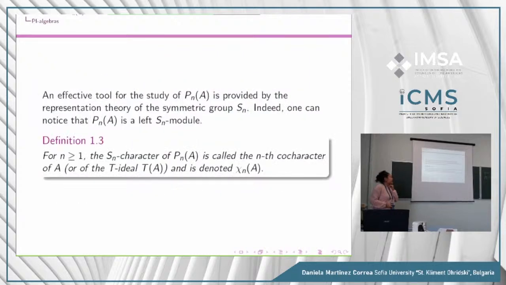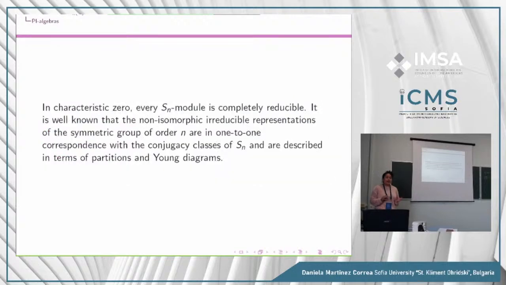Okay? So using that, given n greater than or equal to 1, the S_n-character of this space is called the n-th cocharacter of the algebra A. Remember that we are working in characteristic zero. Then every S_n-representation is completely reducible.